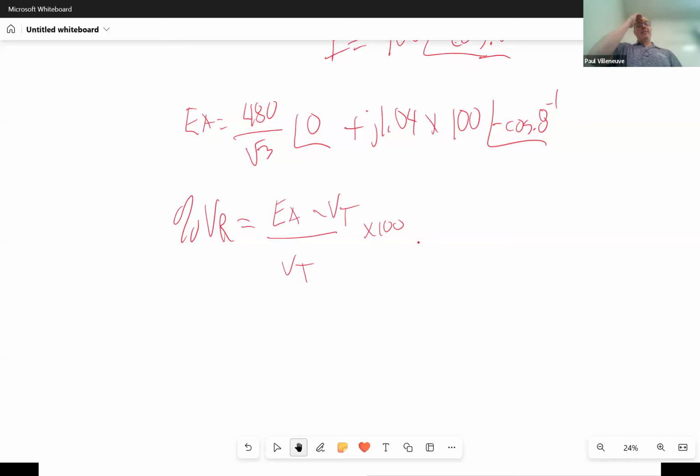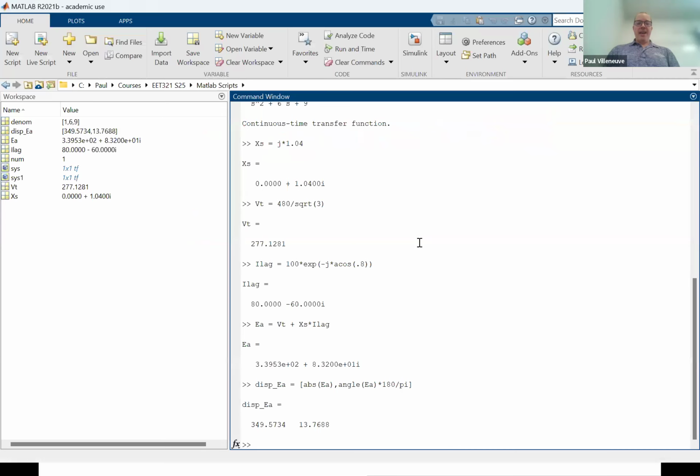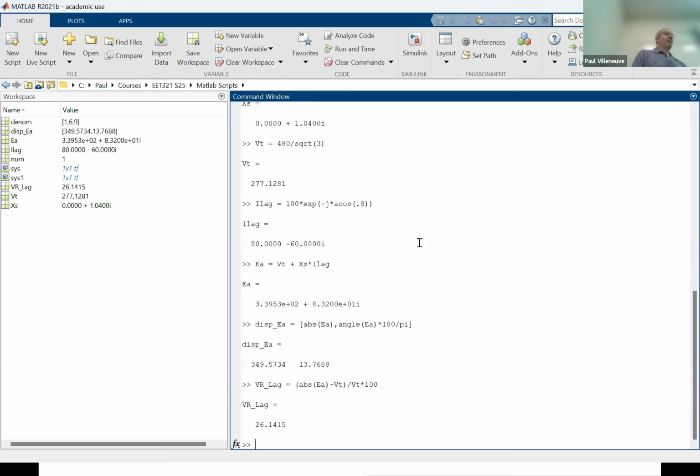So in the case of a lagging power factor, VR lag is going to be equal to the absolute value of EA, since I'm just looking at magnitudes, minus my VT, divided by VT, and then I multiply by 100. So this has a pretty big voltage drop. It's a 26% change in voltage if the load goes away.